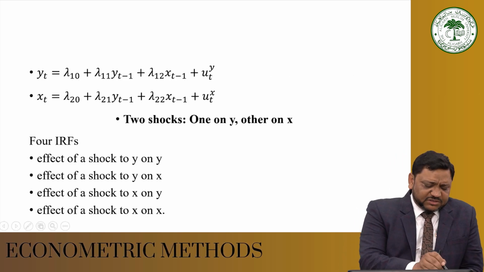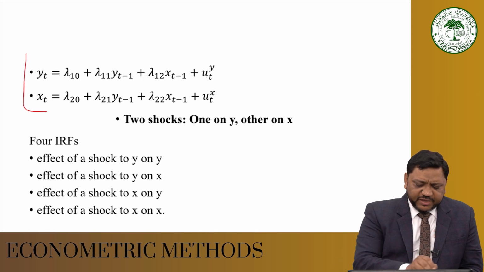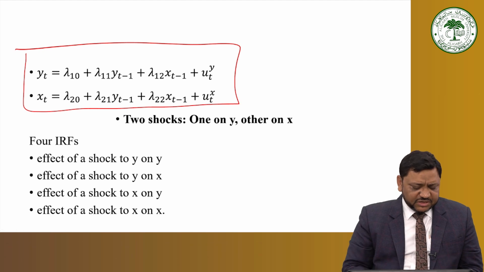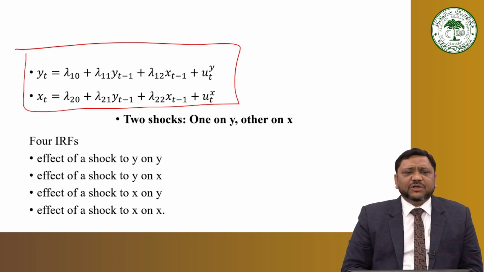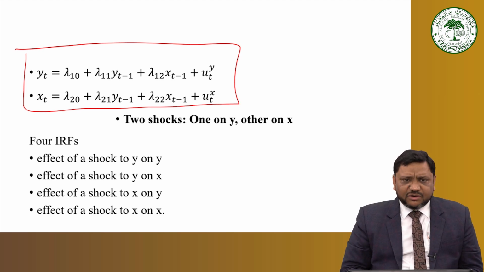Suppose we take our model in the VAR framework. We can say that yt is equal to lambda 10 plus lambda 11 yt minus 1 plus lambda 12 xt minus 1 plus the error term, the error of y at time t.